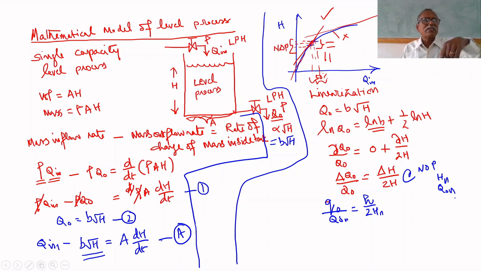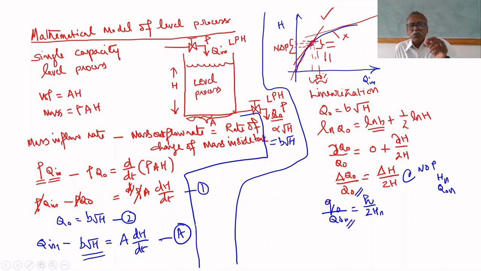Then the inflow rate is called the nominal inflow rate, Q in N. At that time the outflow rate is also equal to the inflow rate, because only then does the level remain constant. That time the Q naught is called Q naught N, the nominal outflow rate.